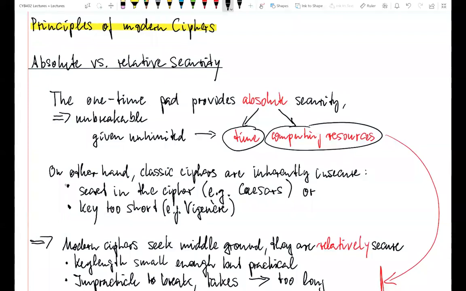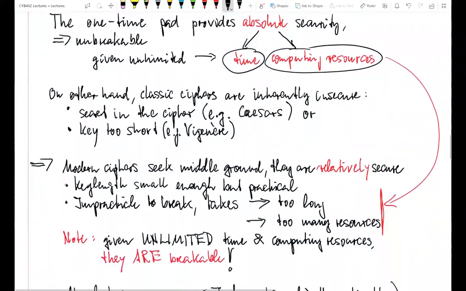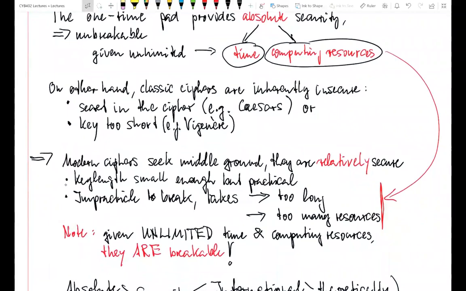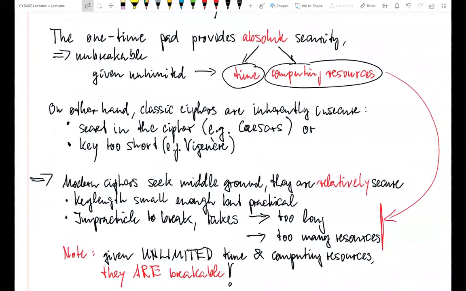And there are other principles that these ciphers don't implement, and we're going to talk about them in a second. It has to do with confusion and diffusion, and this is what historical ciphers also do not do, and that way a ciphertext would allow for conclusions to be drawn back as to the plain text. So, as I already said, we see two extremes: absolute security on one end, inherent insecurity on the other.